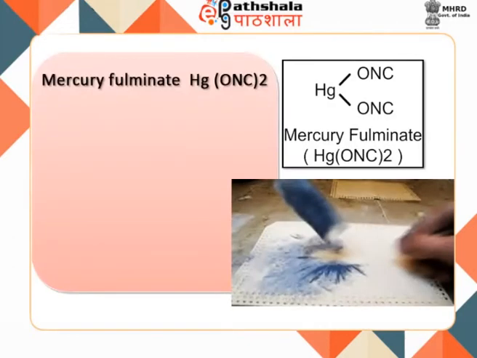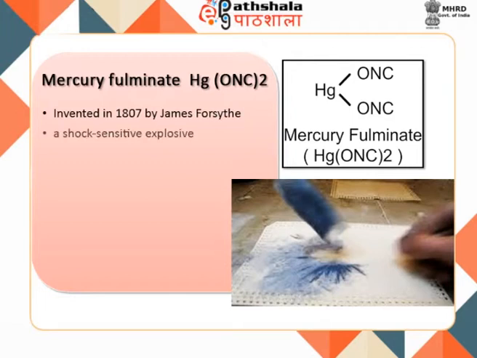In 1807, a Scottish clergyman, James Forsyth, discovered a shock sensitive explosive called mercury fulminate. This type of explosive will detonate if it is struck or shot. A spark will also be generated. By 1850, cartridges that were being manufactured contained mercury fulminate inside the rim of the cartridge.